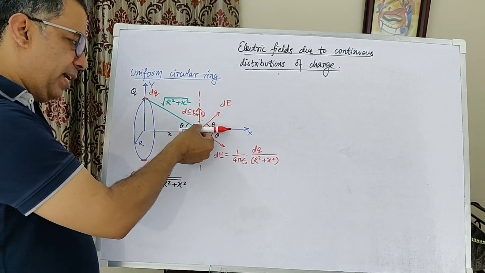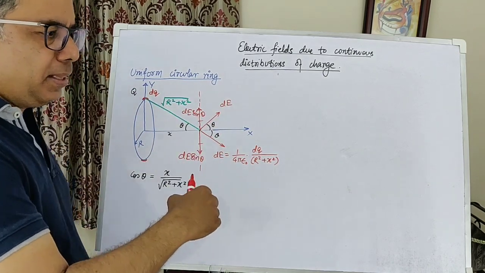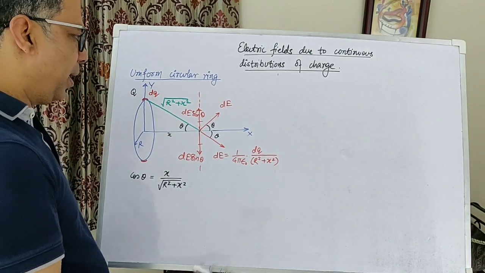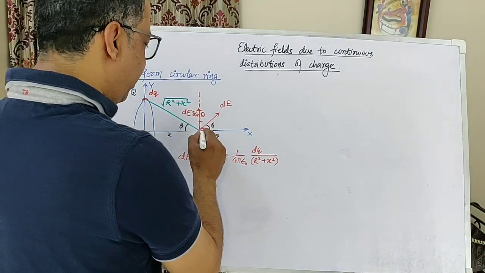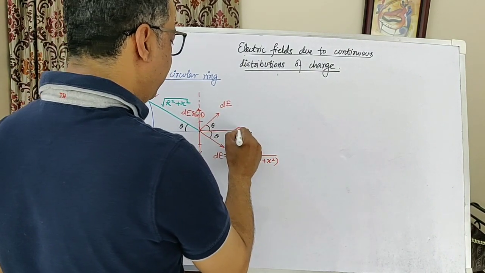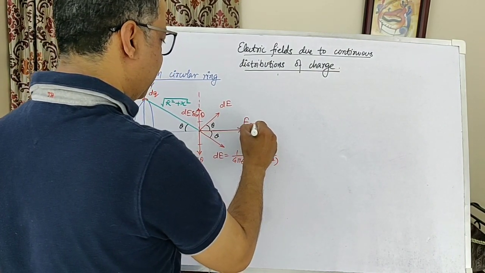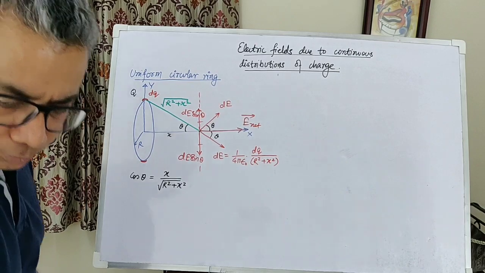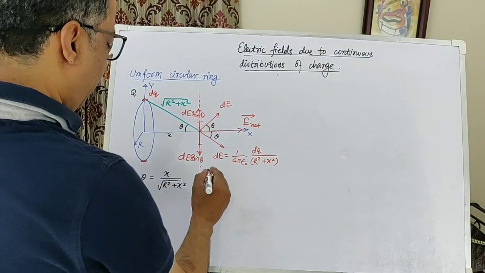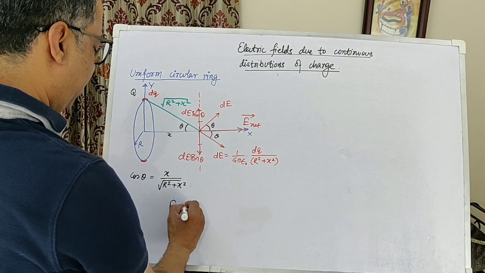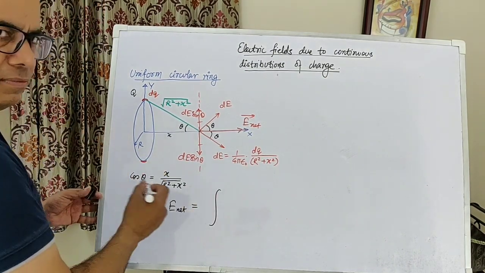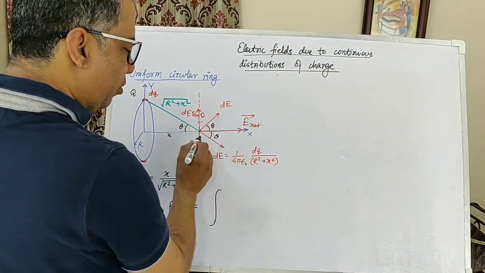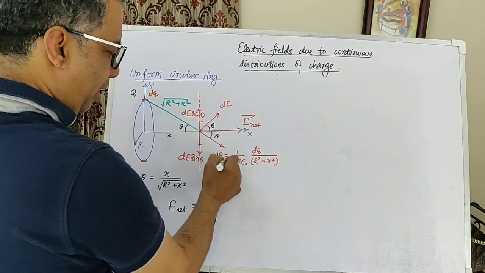Therefore, the net electric field will have a zero component perpendicular to the axis of the ring. If the axis of the ring is the x-axis, then the electric field perpendicular to the x-axis will be 0. And therefore, the net electric field will have to be along the x-axis. This net electric field will be a summation, that's an integral, of the x components of all the dE elemental fields.